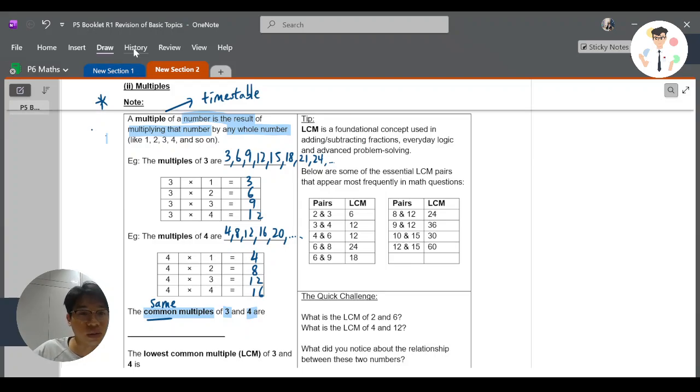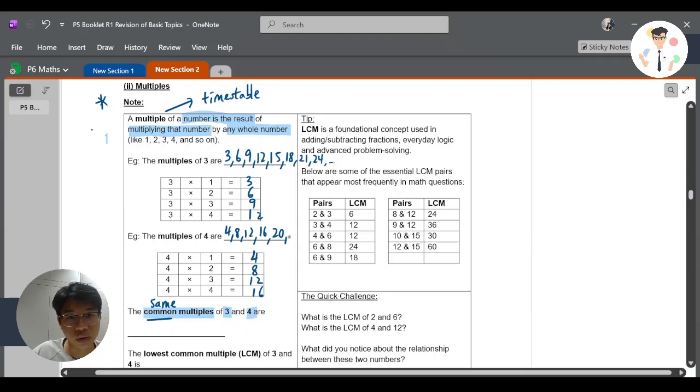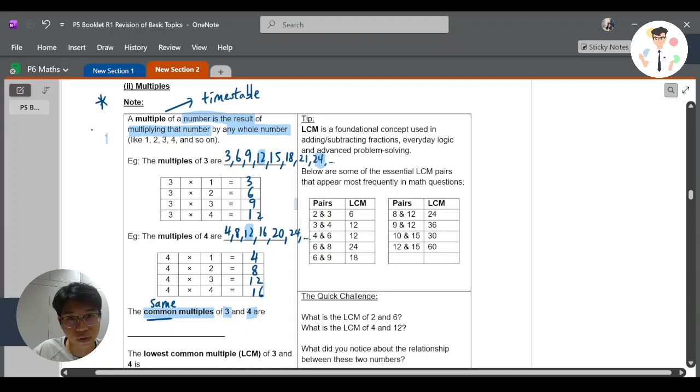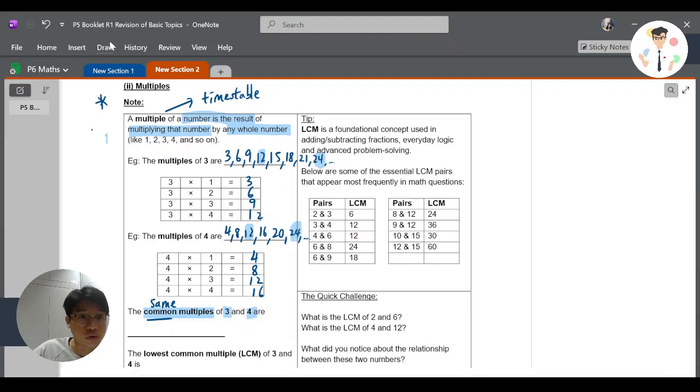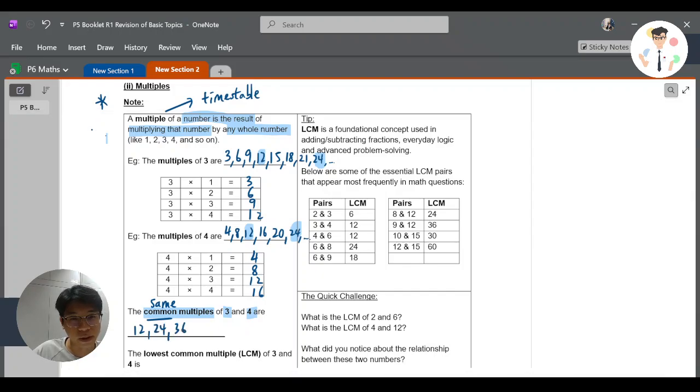And if I continue the multiples of 4, again, it's endless, but I'll continue a bit more. You'll notice that it can go up to 24. So if I were to ask you, what is a common multiple of 3 and 4? 12, 24, 36, 48, and so on.